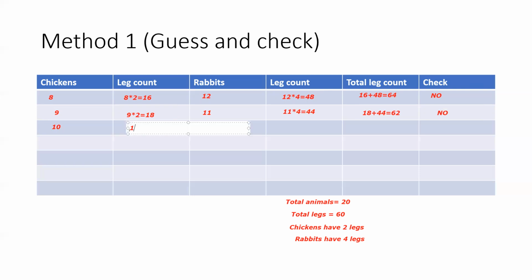Then 10 times 2 equals 20. Rabbits: 20 minus 10 equals 10. 10 times 4 equals 40.